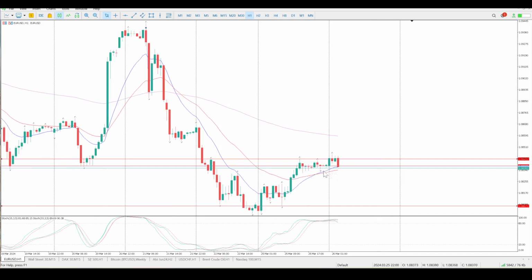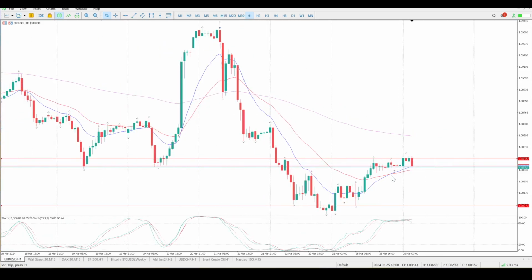Everything here is pointing towards a possible reversal that is forming, but I need more confirmation before looking at that. And I'm just a little bit more wary with Forex than I am with the indexes. Indexes typically are designed to move in one direction, but Forex is designed to move in any direction.